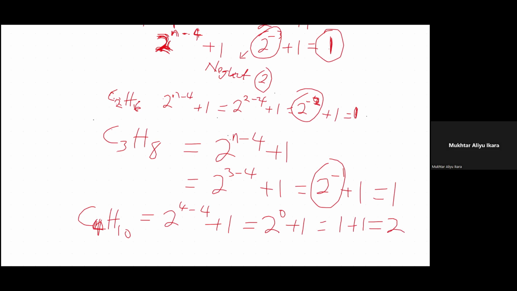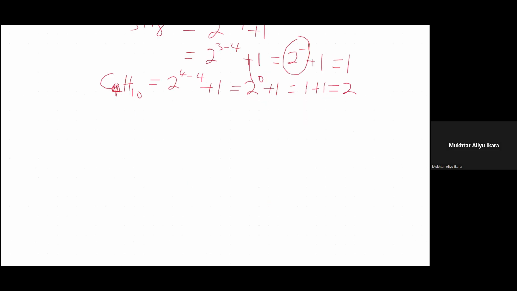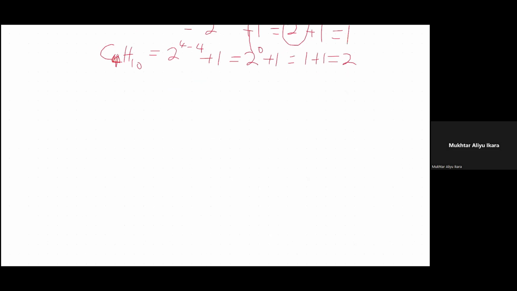Then another example, let's take the example of pentane. Pentane has a molecular formula of C5H12. And of course, by taking the formula, we have 2 raised to the power of n minus 4 plus 1.